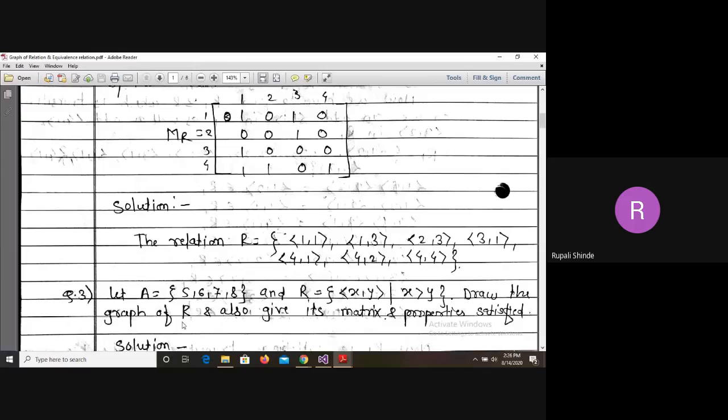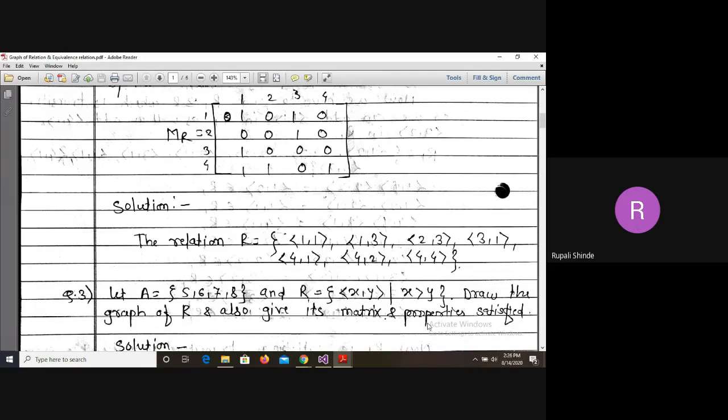Third question: let A equal the set {5, 6, 7, 8} and R is given as the set of ordered pairs (x, y) such that x is greater than y. Then draw the graph of relation R and also give its matrix and the properties satisfied by it.